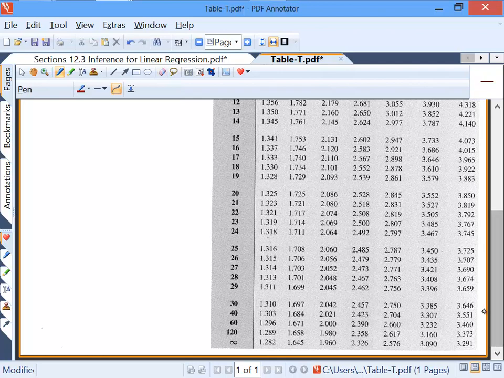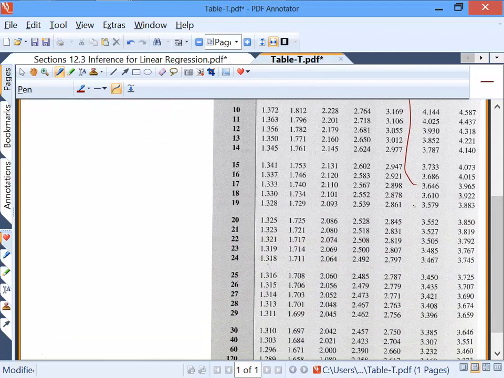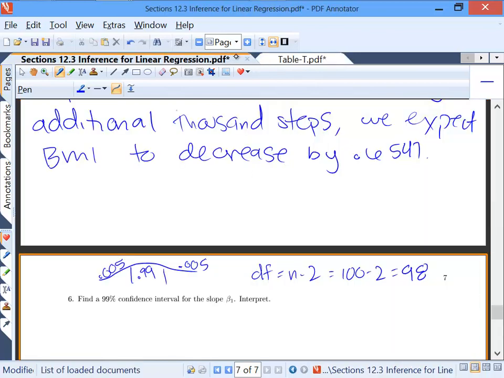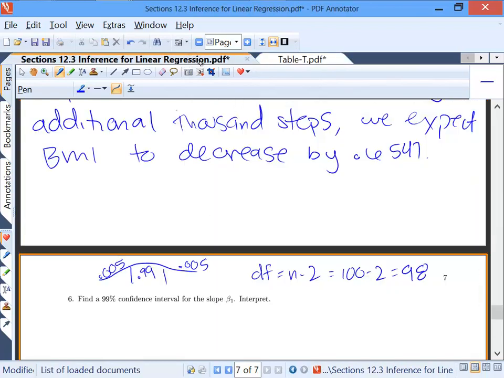So for 60 we wanted 0.005 in the middle. So it looks like we're at 2.66. So t star equals 2.66.